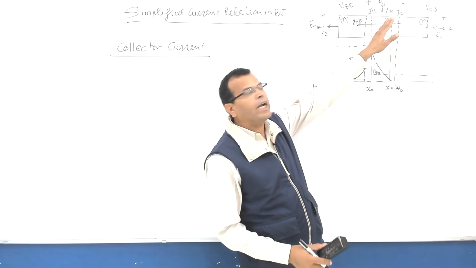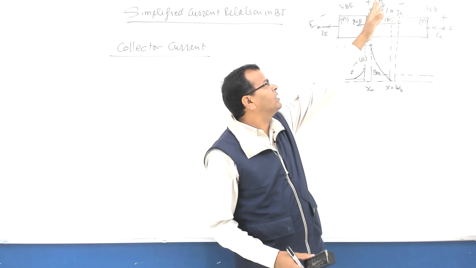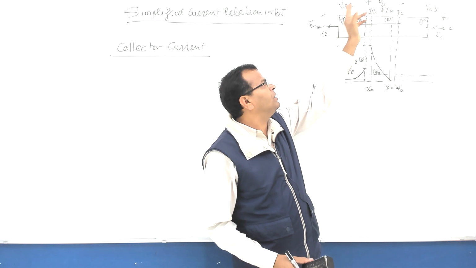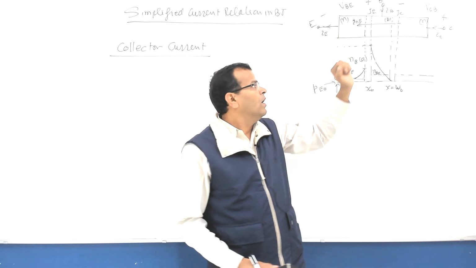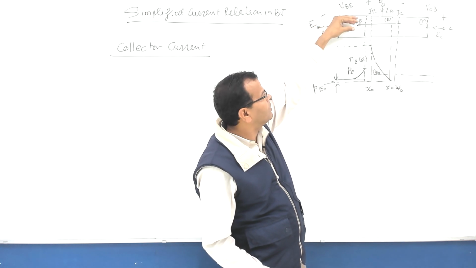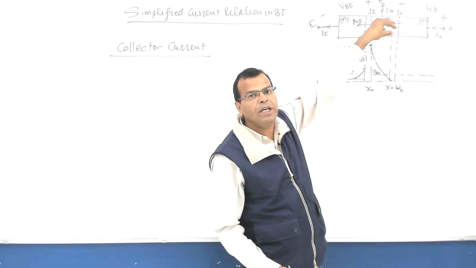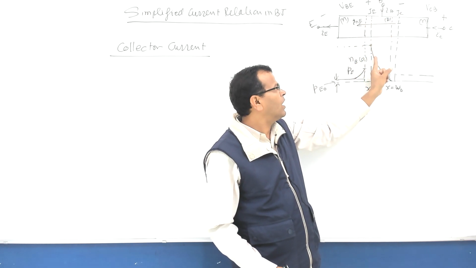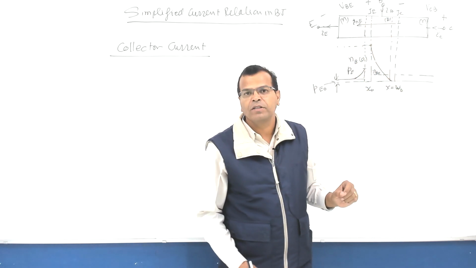So in normal active mode of operation, when the emitter junction is forward biased by the voltage VBE, electrons from the emitter side will be injected into the base. So electrons are injected into the base.